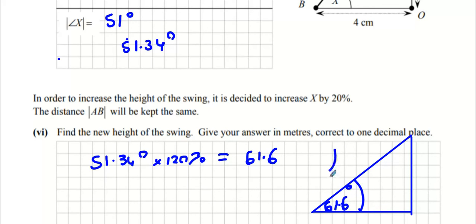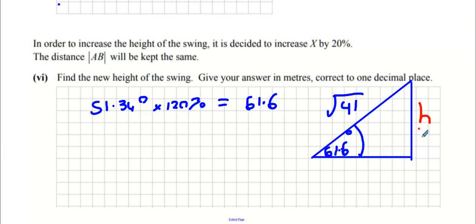You keep the root 41 the same, but want the new height, which is h. So you want the opposite using the hypotenuse. So it's going to be sine 61.6 equals opposite, which is actually the height as it turns out, divided by the hypotenuse, which is root 41.